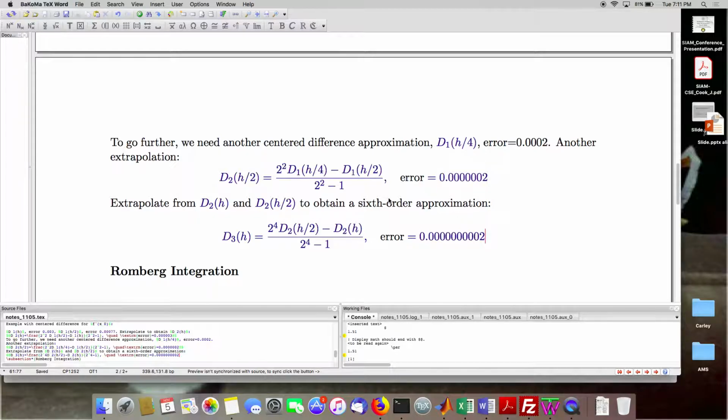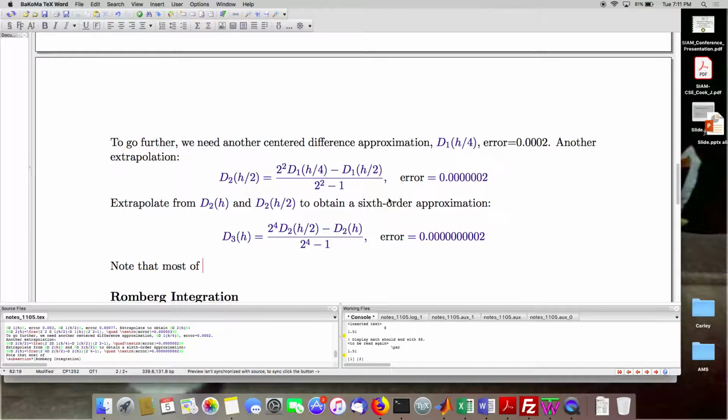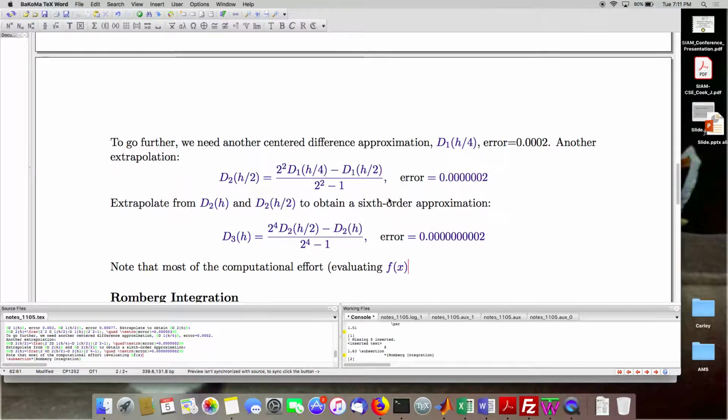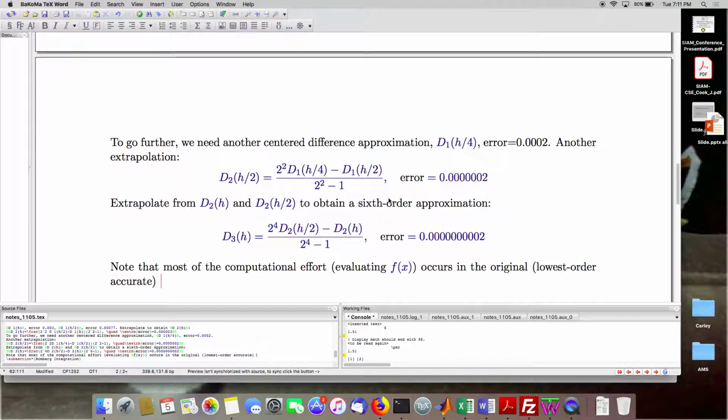But note that most of the computational effort, in this case evaluating f of x, occurs in the original approximations. We're using center difference.